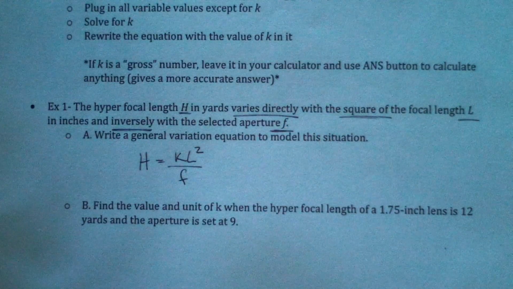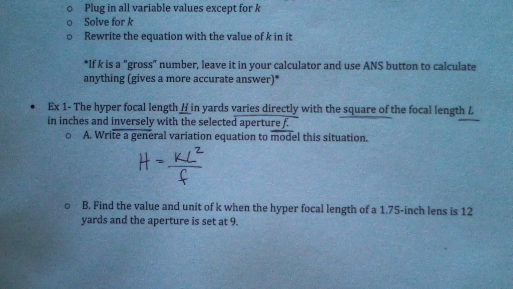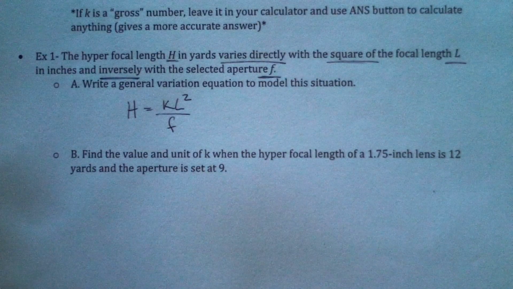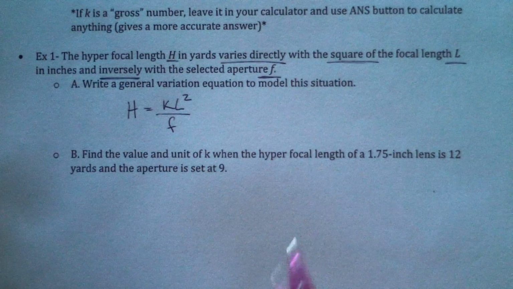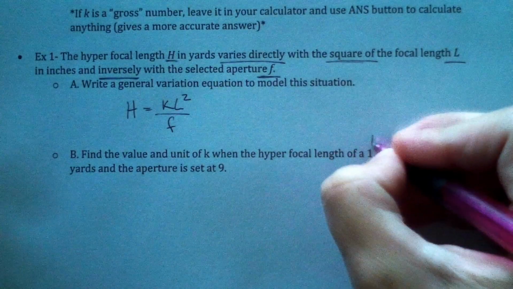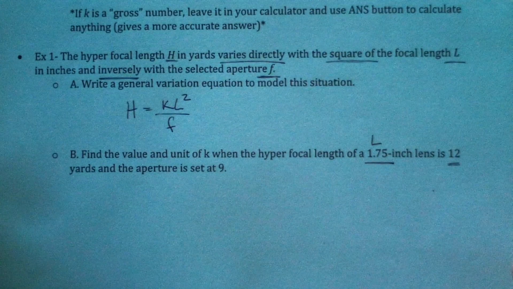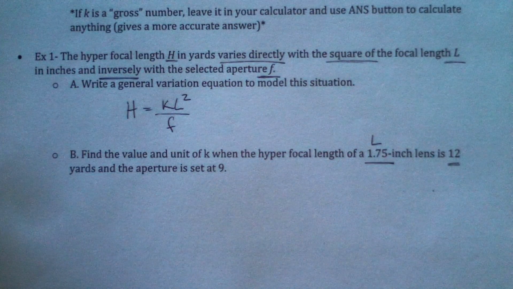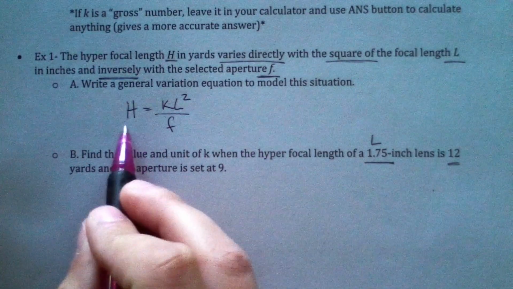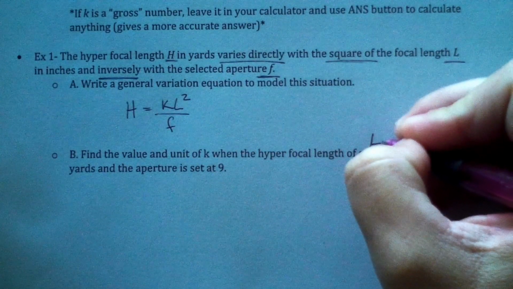Then it says find the value of k when our hyperfocal length is 1.75, so that would be our L, and then 12 yards. What's the 12 yards then? Hyperfocal length, oh, hyperfocal length is the h, sorry. That's h. The yards is our length. And then the aperture is f for the focus.